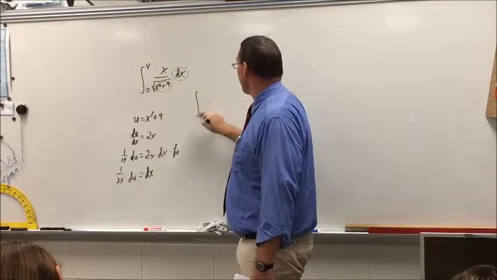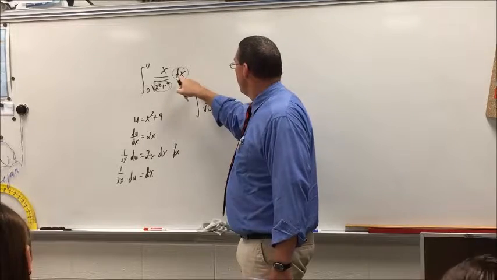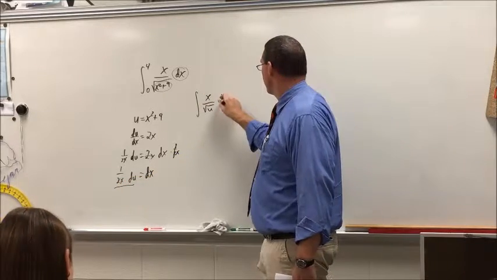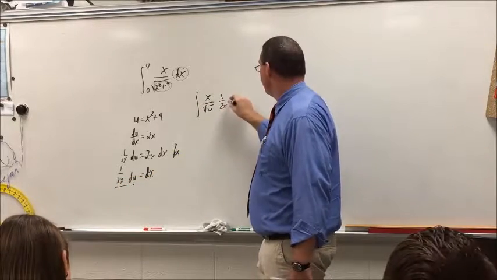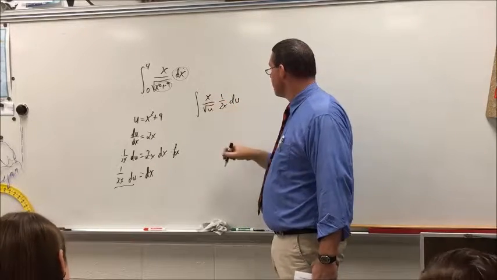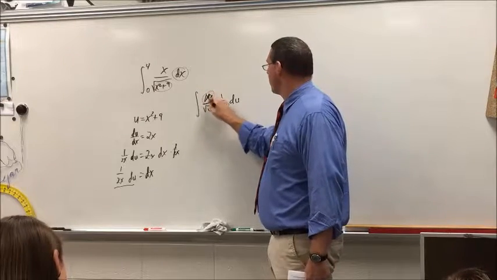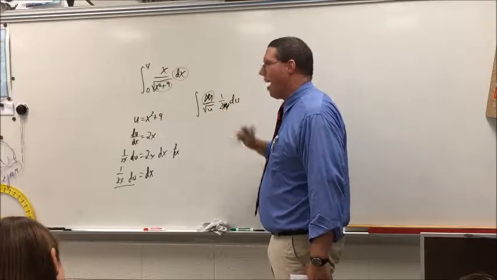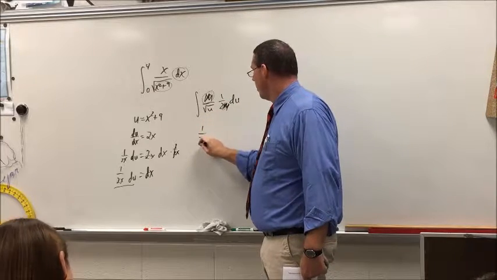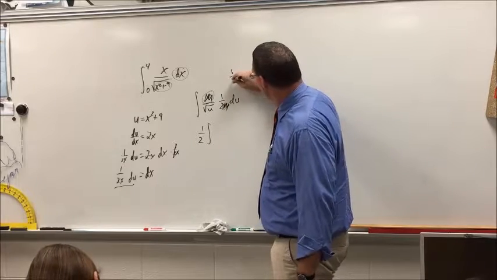So we're going to integrate x over the square root of u, replacing dx with 1 over 2x du. Now what's going to happen here, Jeremy? The x's cancel, because one's in the top and one's in the bottom. So really what we have is 1/2 times 1 over the square root of u.